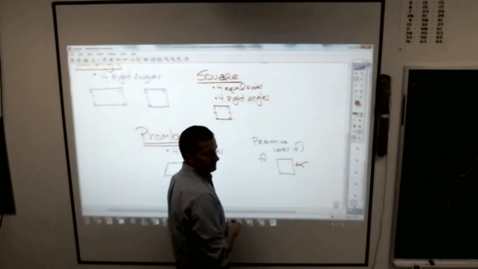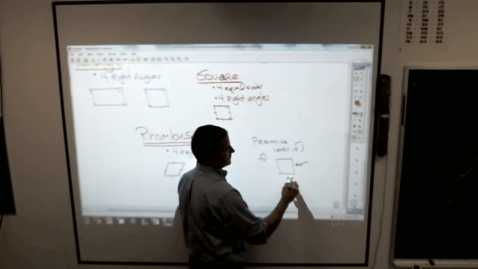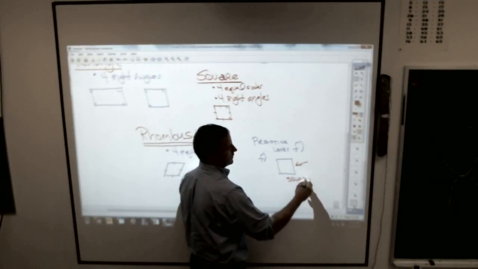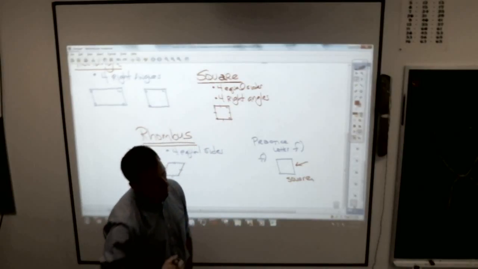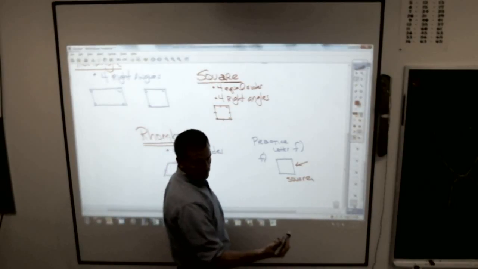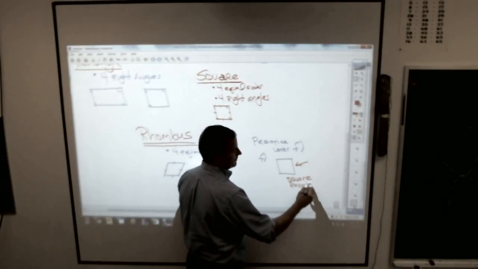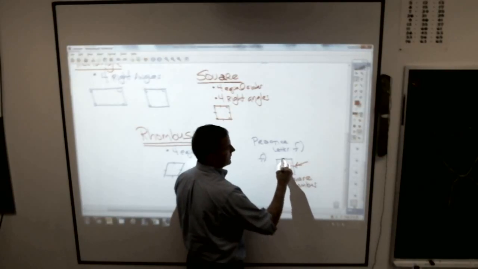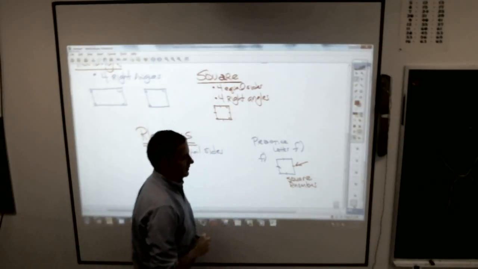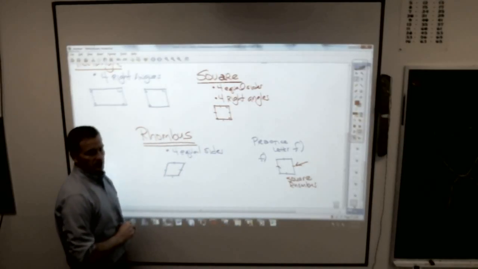Jonah? Square. Okay, the obvious one is it's a square, and that's the one everybody thinks of right off the bat. But, Ellie Stewart, it's also a rhombus. How do I know? Because a rhombus has 4 equal sides, and if it's a square, it has to be a rhombus. Every square is a rhombus.